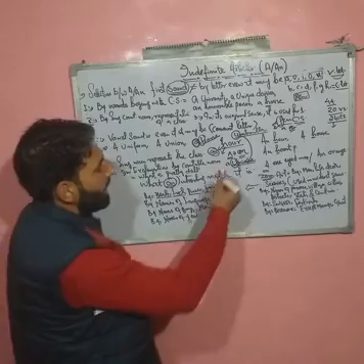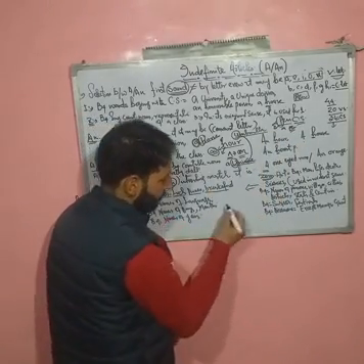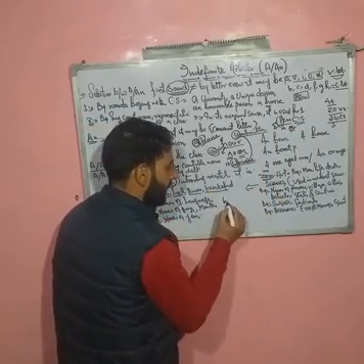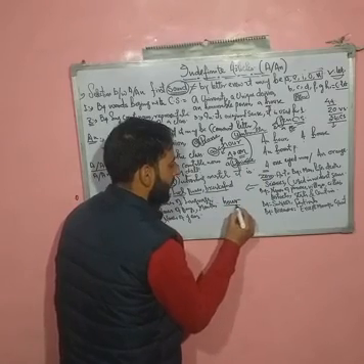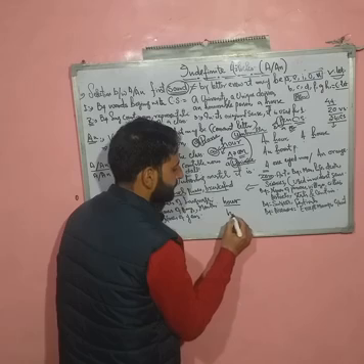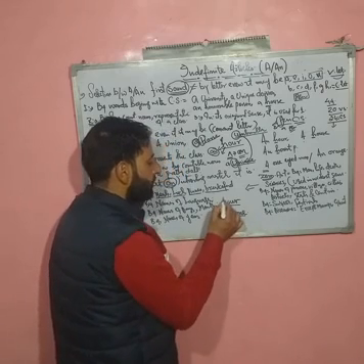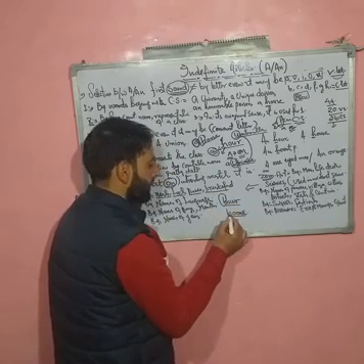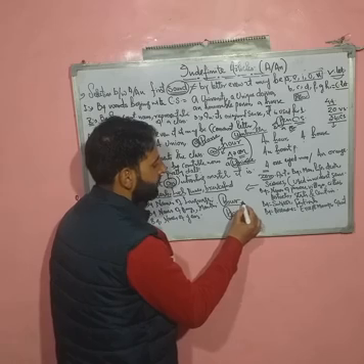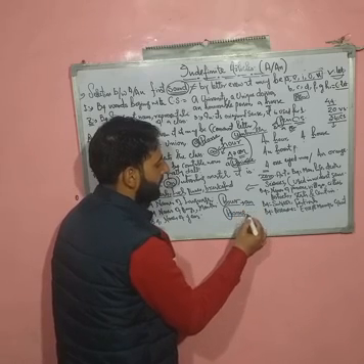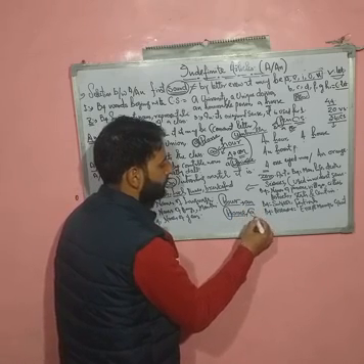I will give you one more example. If we have the word hour, H-O-U-R, and the word home, both words begin with H, but here we use an hour, and here we use a home.